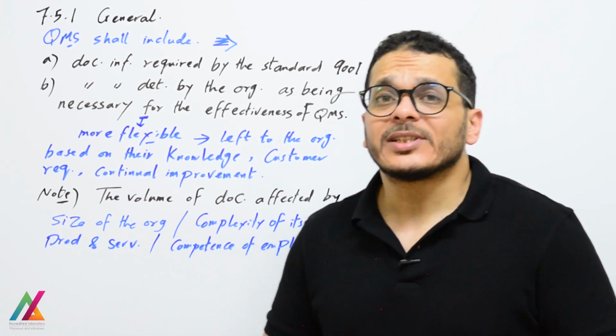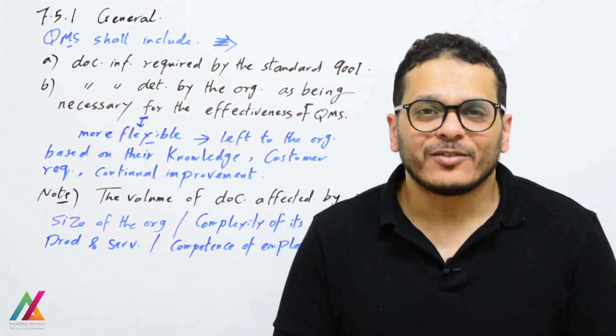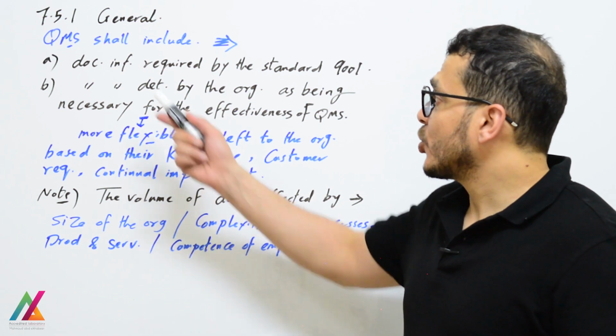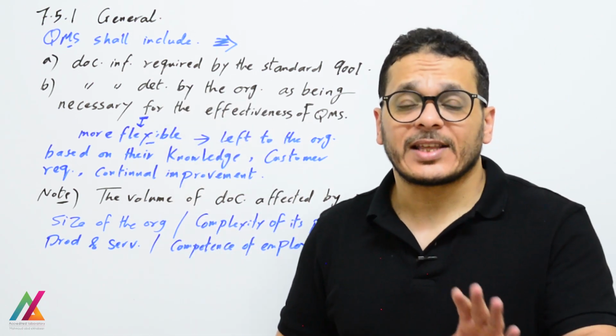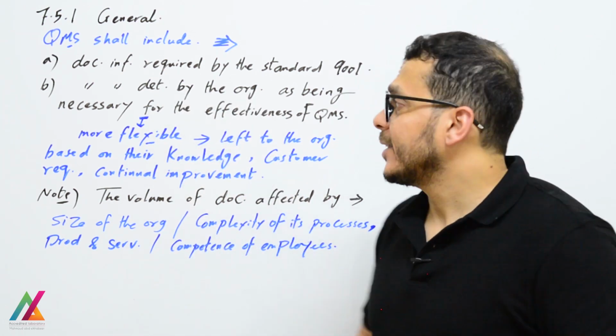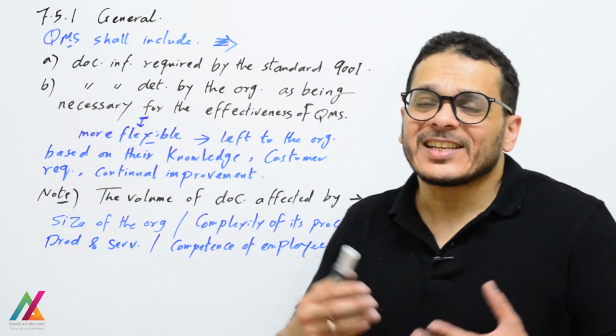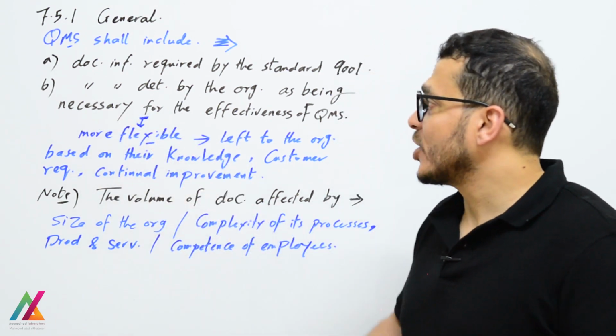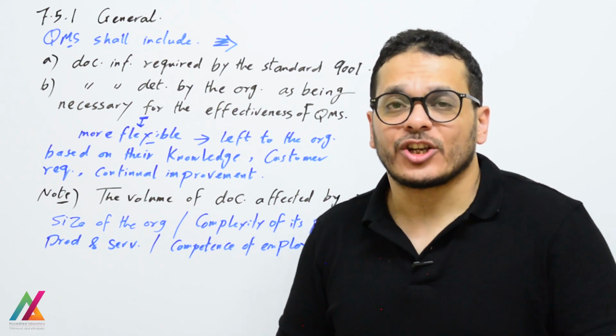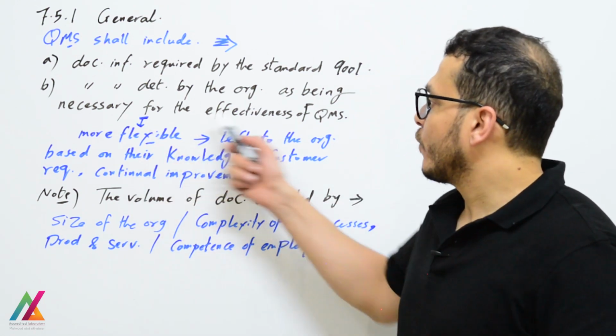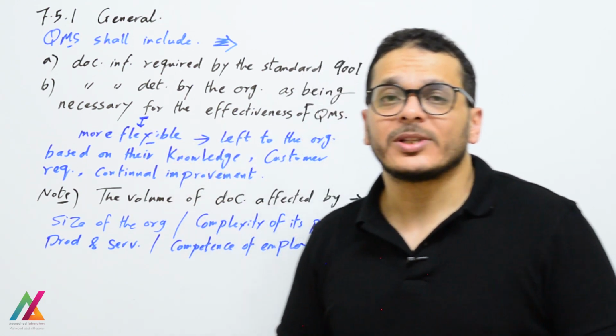Generally, the quality management system shall include documented information required by the standard itself, ISO 9001, and also documented information determined by the organization as being necessary for the effectiveness of the quality management system.